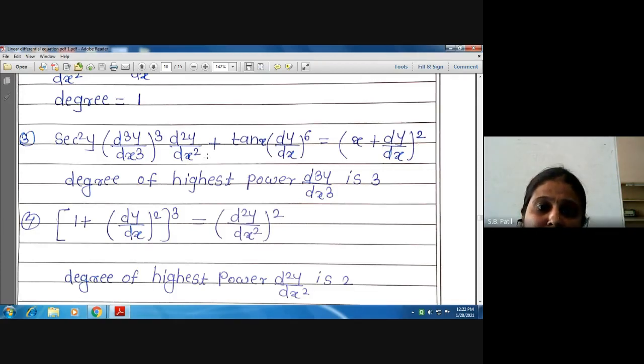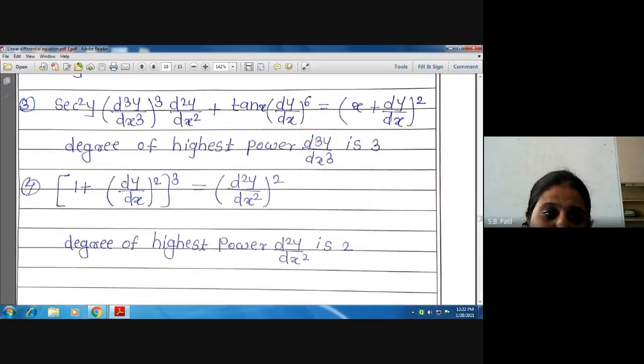In this differential equation, according to the definition, the highest order derivative is d³y/dx³, and its power is 3. So the degree of this differential equation is 3.